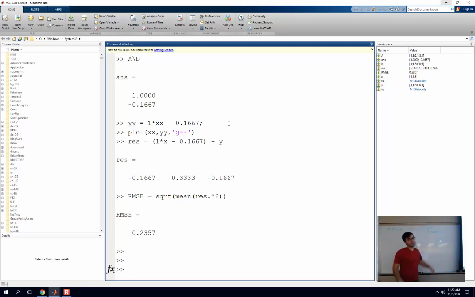Now let's calculate R squared. So that y minus mean of y should be in parentheses.